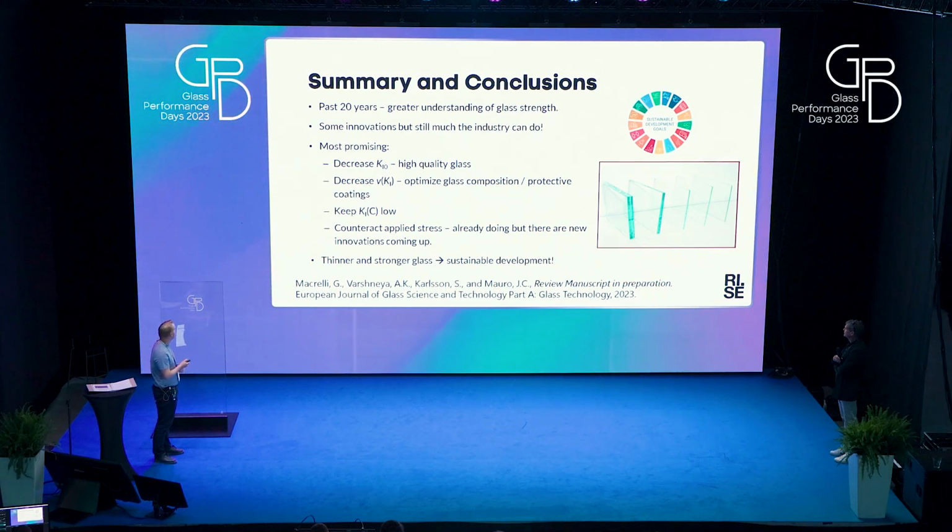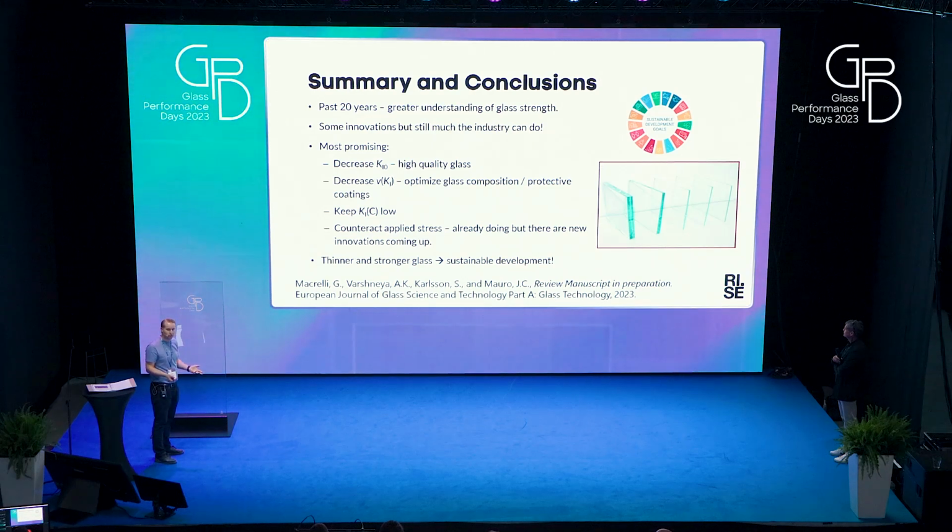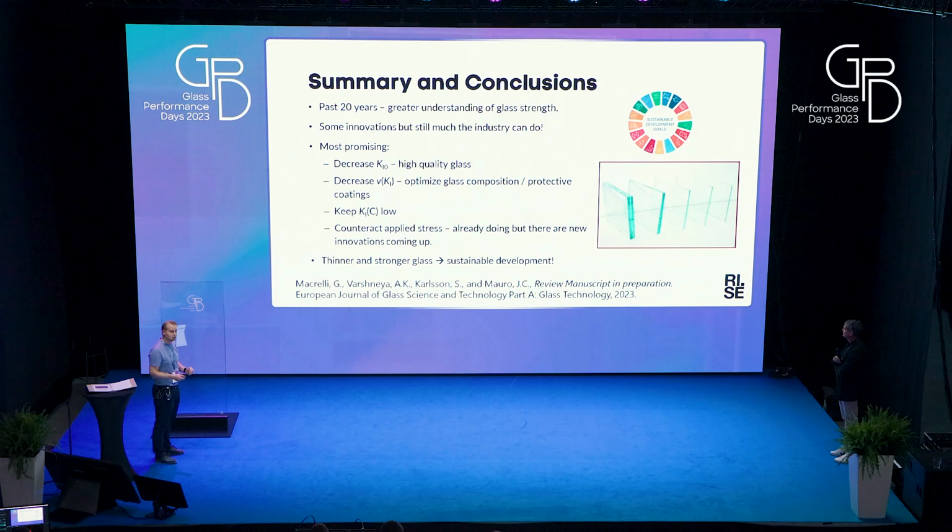And then we can, of course, we're already doing this, counteract stress by strengthening the glass. And I also think thinner and stronger glass is all in line with sustainable development, to use less glass and do it wisely.